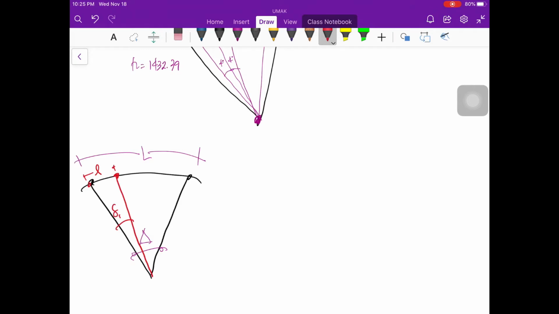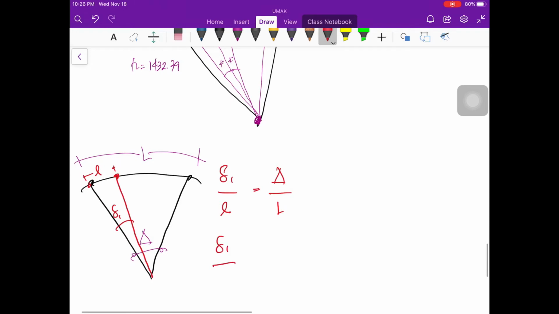So by formulating a relationship, we will have a relationship like this one. If gamma 1 corresponds to small l, then delta corresponds to L. So this is the relationship that we can formulate: gamma 1 over delta is equal to small l over L. You can use this formula as reference.